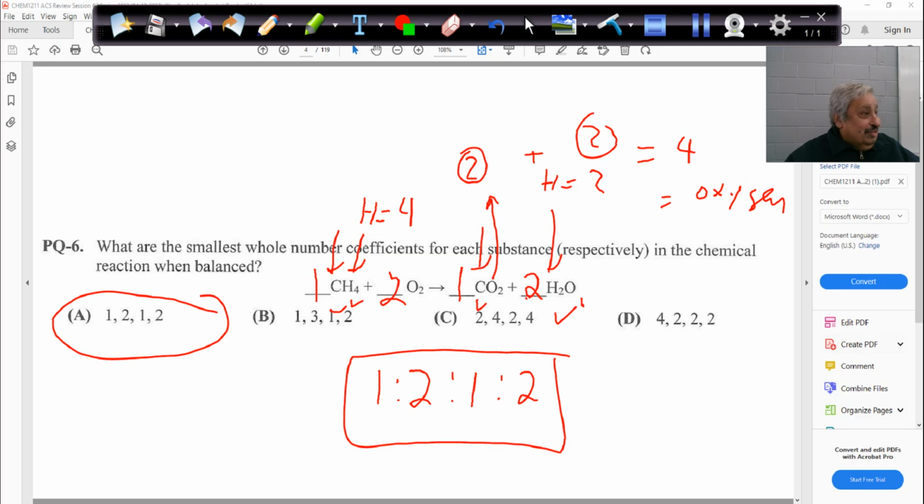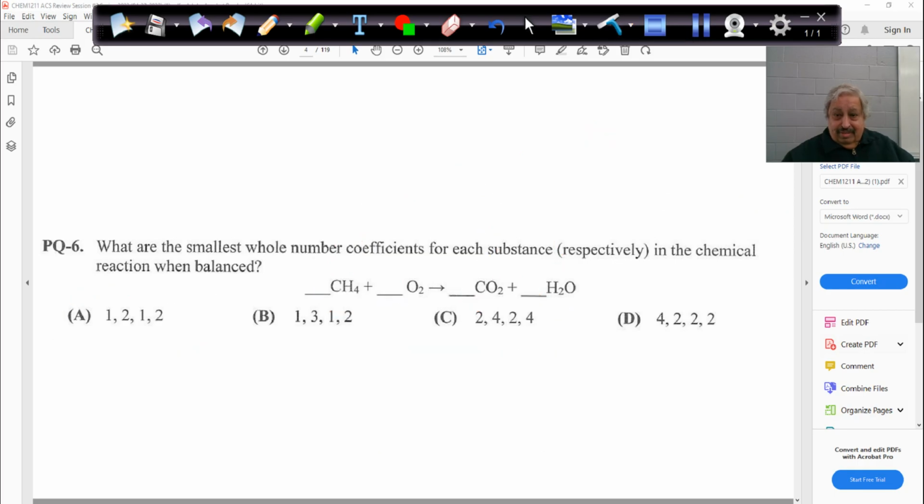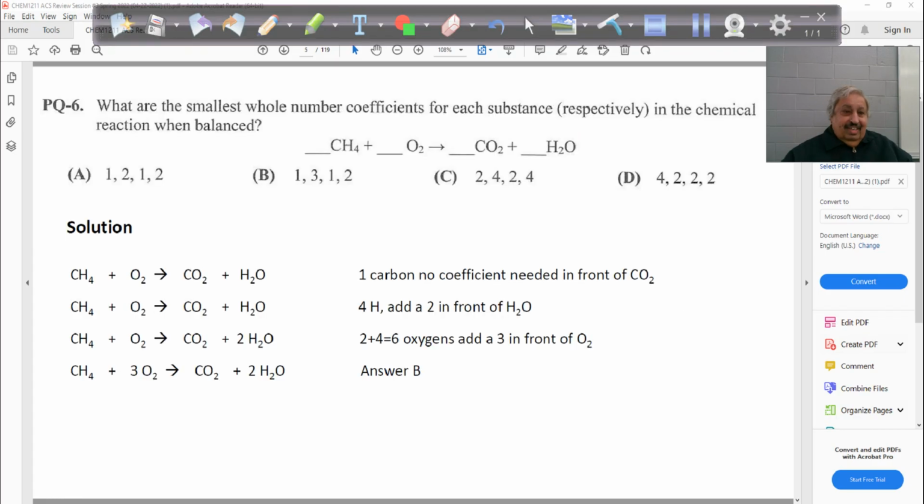Do not always depend on test bank answers, and you have seen some test bank answers are sometimes not correct. They are made by a human, not by artificial intelligence or something like this. So let's look at the answer here.